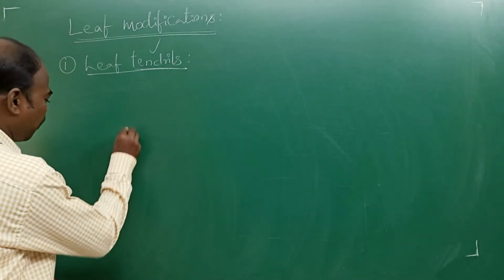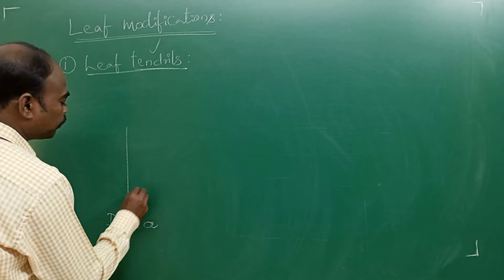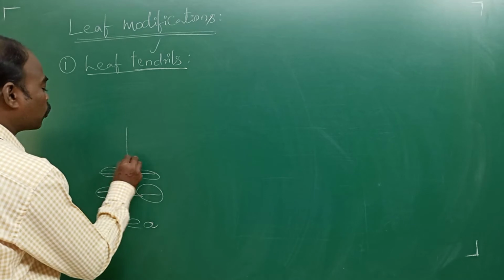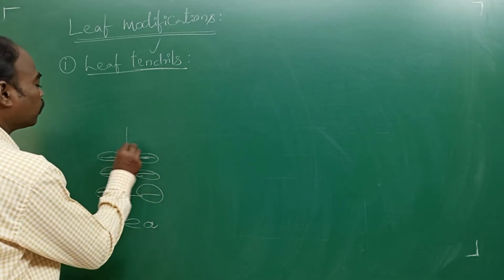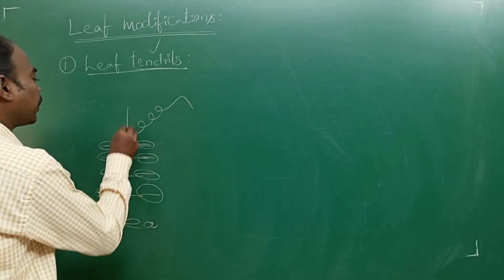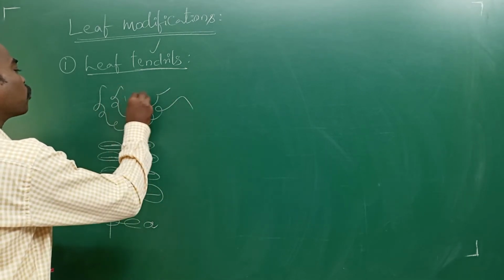Let us see in Pisum sativum, the pea plant: the terminal leaflets in a compound leaf get modified into tendrils.